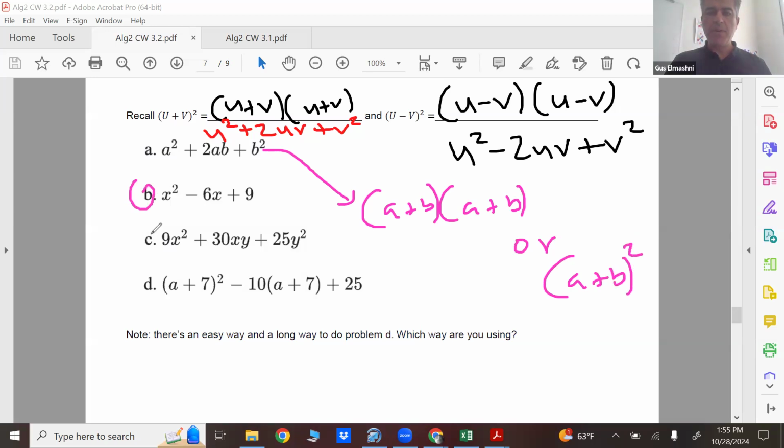So go and try b and c on your own, kind of following the same pattern. It'll probably be set up like something minus something squared, or something plus something squared.